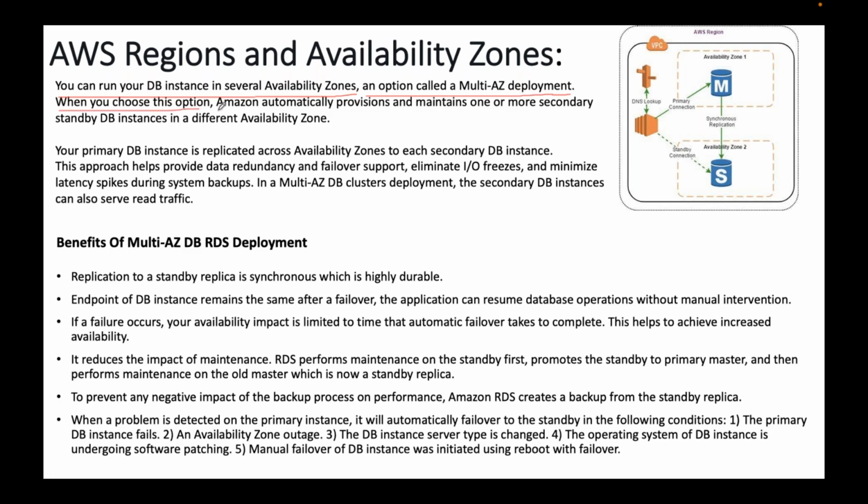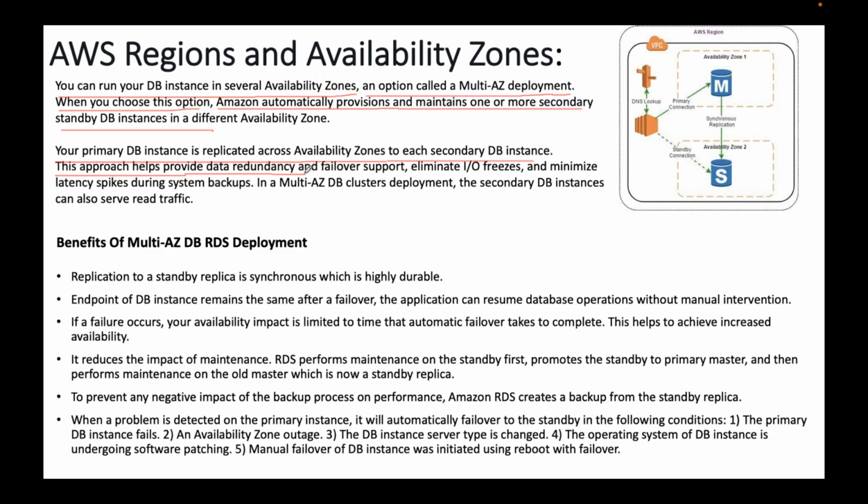When you choose this option, Amazon automatically provisions and maintains one or more standby secondary database instances in a different availability zone. Your primary database instance is replicated across availability zones to each secondary database instance. So this approach will help to provide data redundancy and failover support.